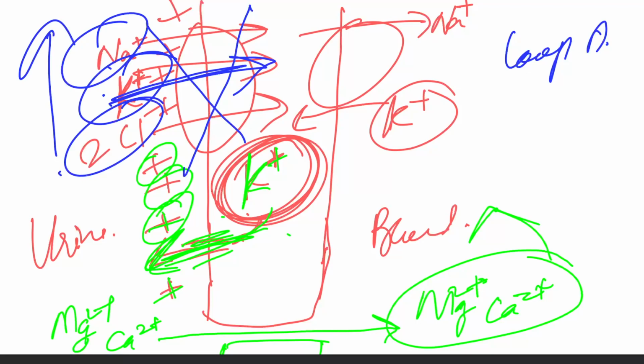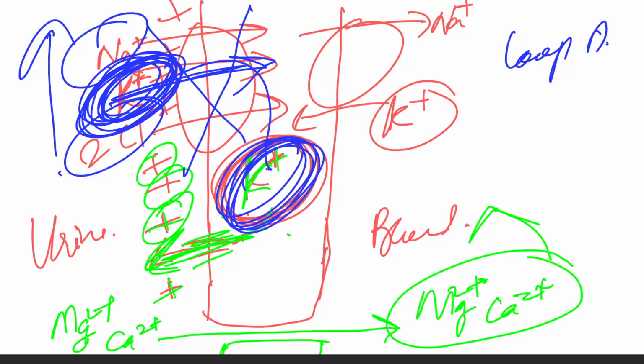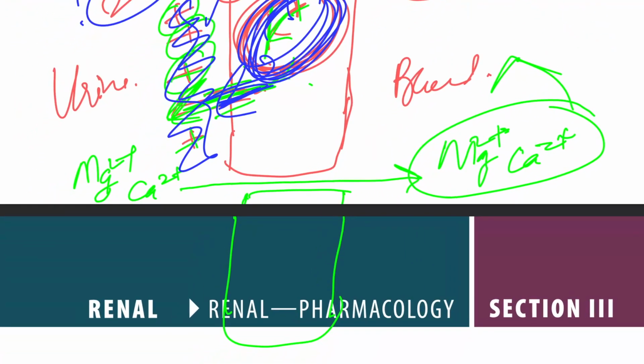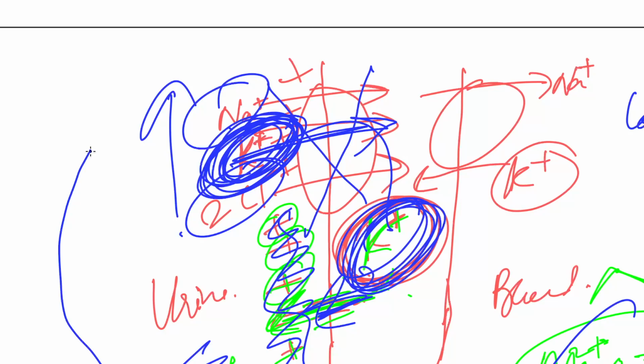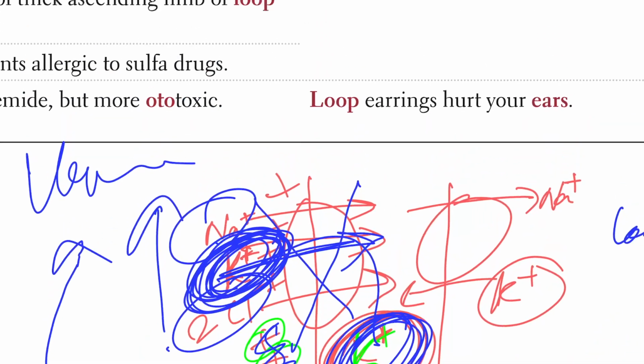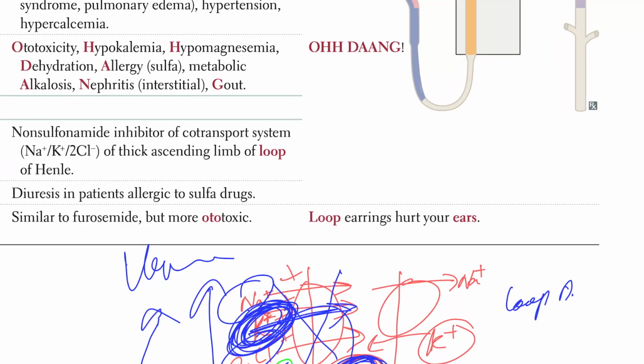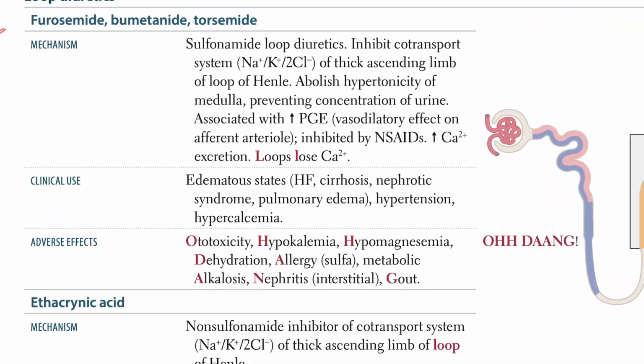Because you're not getting potassium, not a lot of potassium is built up in the cell, so it's not going to leak out. When it doesn't leak out, you don't have any positive potential. Without the positive potential, you cannot reabsorb magnesium and calcium through paracellular transport, so they go out in urine. So you have hypo of every single electrolyte when you give a loop diuretic. That's the mechanism of action.